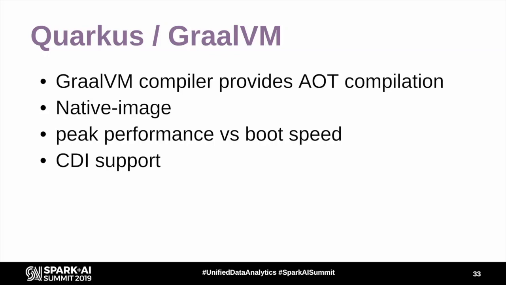But in Kubernetes, we need to start fast because containers are killed and started much more often than running for a couple of days. That's wishful thinking. And it also has CDI support, so you can have dependency injection working with GraalVM. That's the contribution of Quarkus.